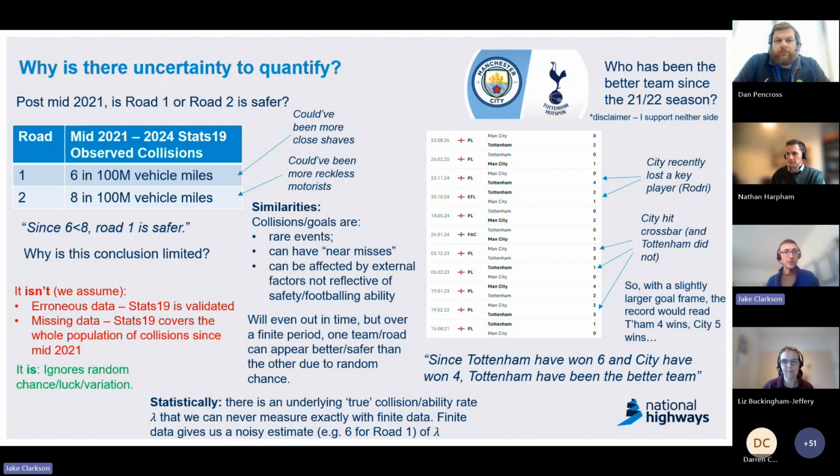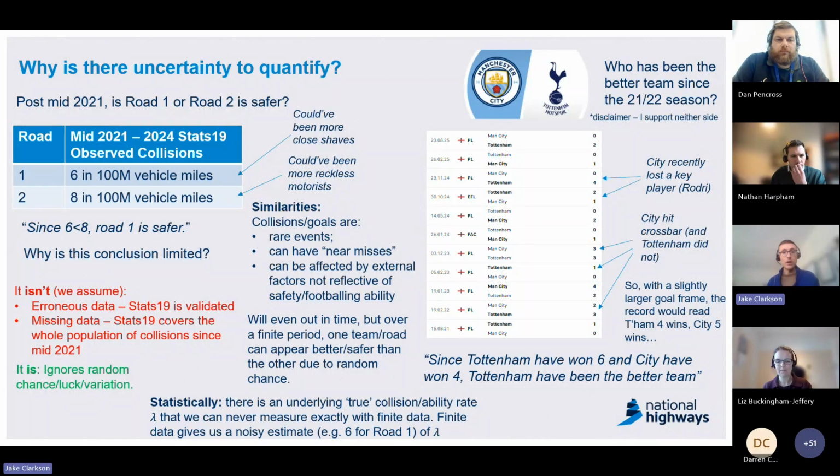Now, it isn't, or at least we're going to assume it isn't, an issue with the data. We know that Stats19 isn't perfect, but it is a pretty reliable data source. It's validated, so there shouldn't be any errors in the data, and it covers the whole of Great Britain. So it's not as if we're just observing a sample of collisions from a wider population, which is a common hurdle in statistics.